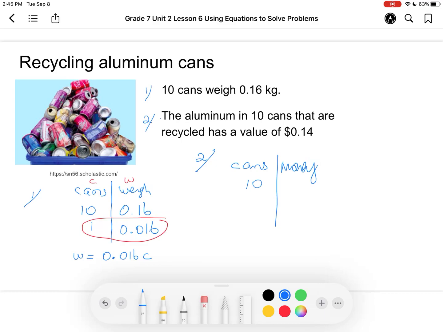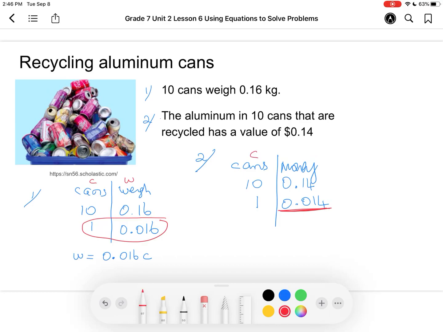And so 10 cans are worth $0.14. So dividing both of these by 10, I get 1 can, 0.014. And so that's my unit rate there, 0.014.